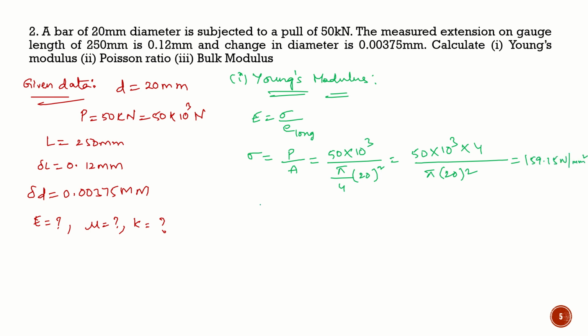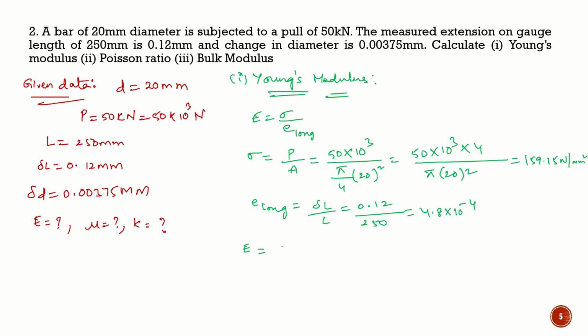Once I have the stress, I'll calculate the longitudinal strain, which is change in length by original length, equal to 0.12 by 250. This value comes out to be around 4.8 into 10 power minus 4, and strain doesn't have any unit. Now let's calculate the value of E.